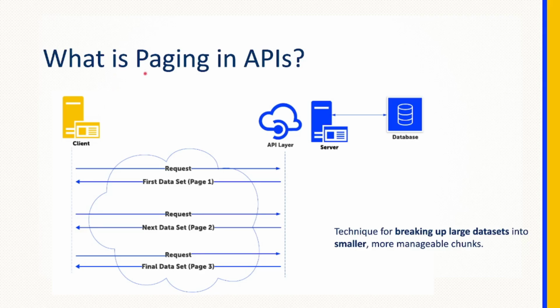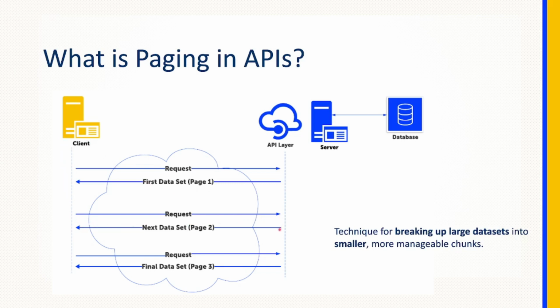Now, if we break down the technique a little bit more into details, the client sends a request and receives the first set of data. This small set of data is also known as a page. So the client sends the request and receives the first set of data, or page 1. After getting page 1, the client sends another request.